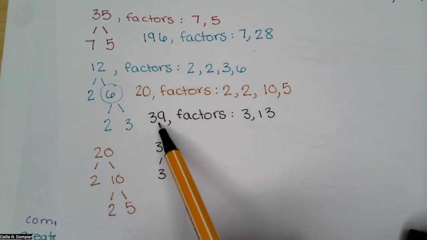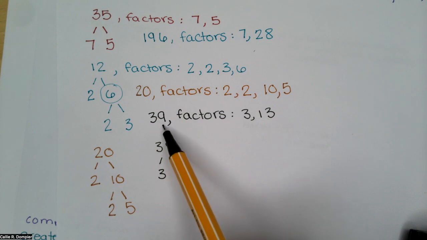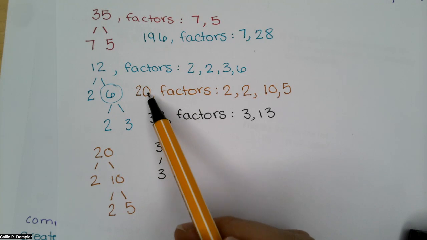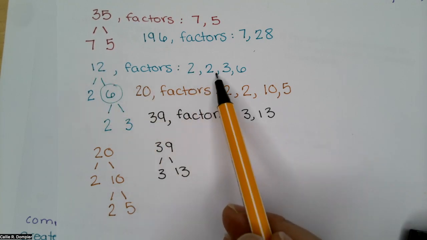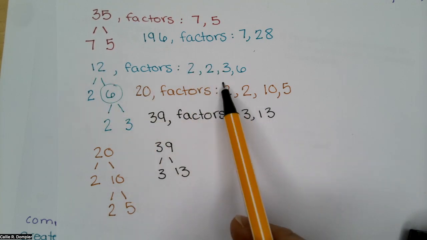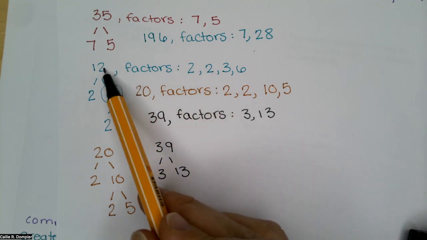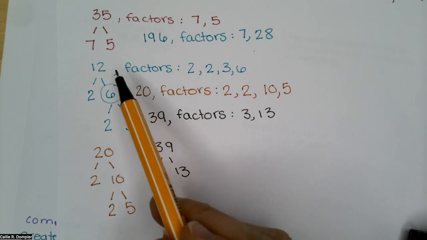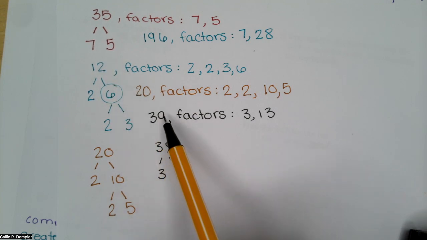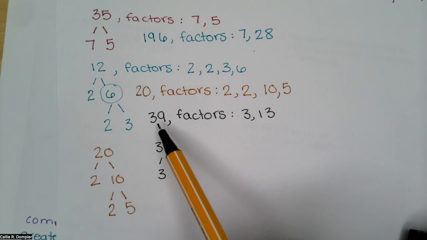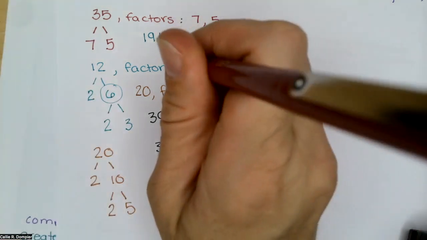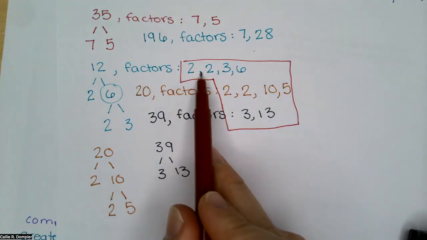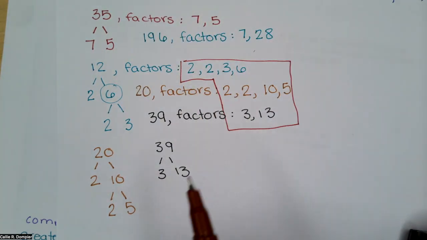So 12 and 39 have a common factor of 3. 20 and 39 don't have any common factors. 20 and 12 have common factors of 2, and 2 times 2 is 4. So you can actually divide out a 4 from 12 and 20. You can divide out a 3 from 12 and 39, but there is no number common to all 3 of those lists, okay?